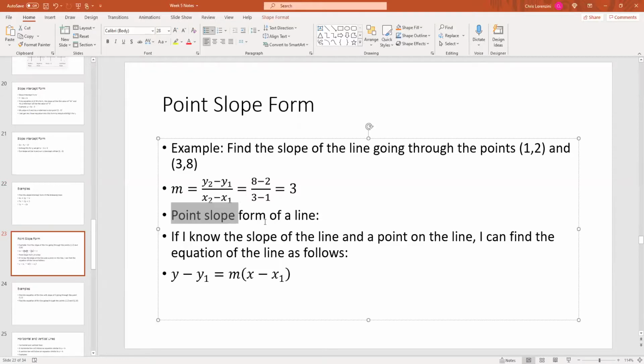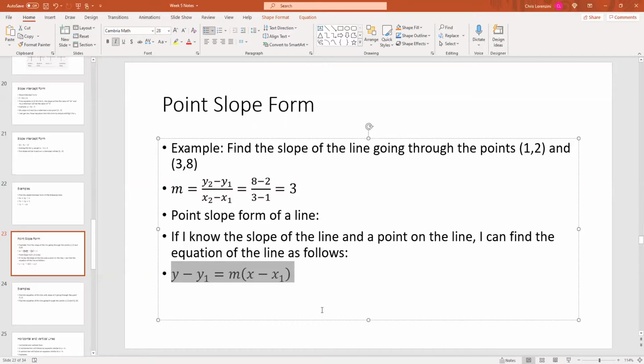So if we have a situation where I know some information about solutions, but I don't know exactly what the equation is, I can find it using the point-slope form of a line. The point-slope form says, if I know what the slope is and I know a point, I can plug it into this right here, and I will have the equation of the line.